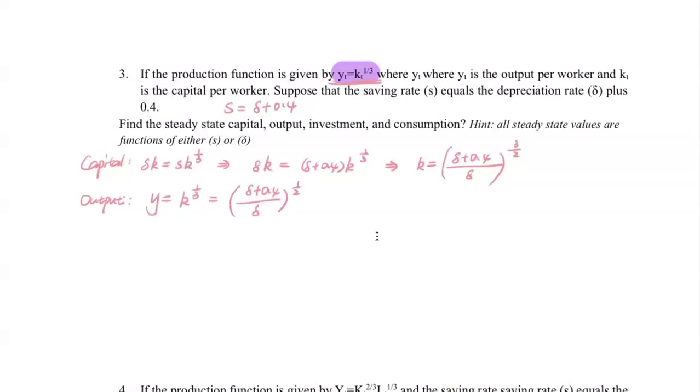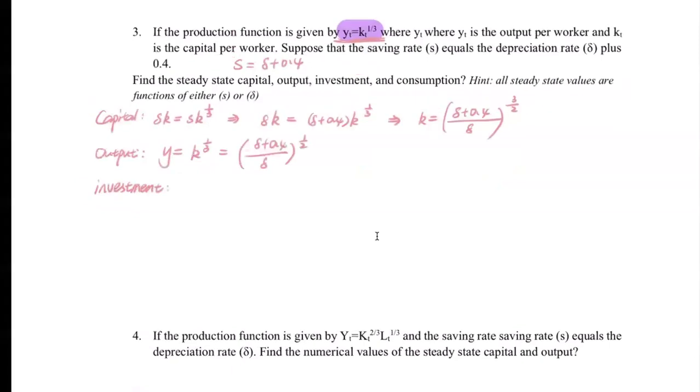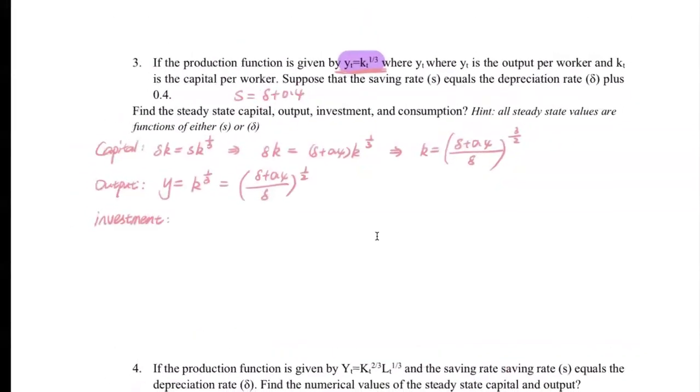Okay, and then the steady state of investment. Investment is just I equals S times Y. And S is delta plus 0.4, and Y is as above. If you just leave it here, it's okay.